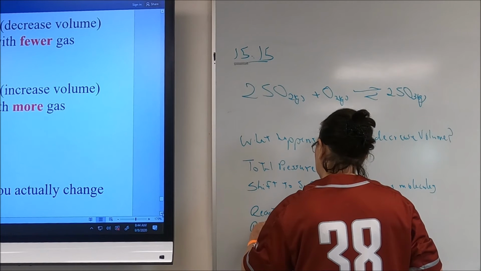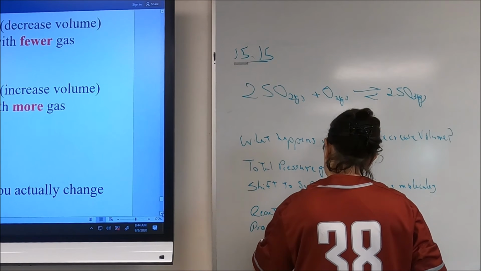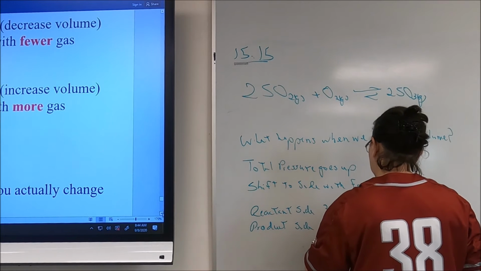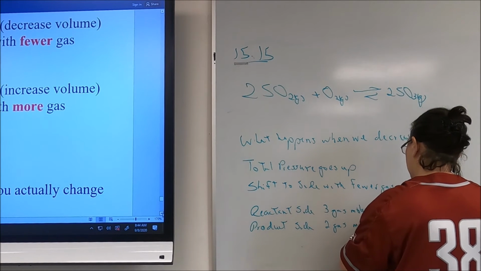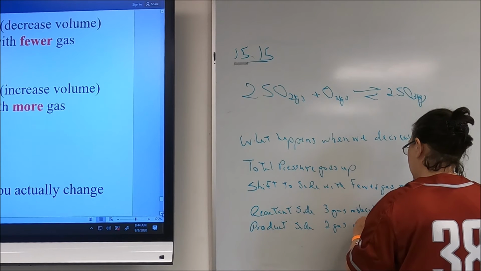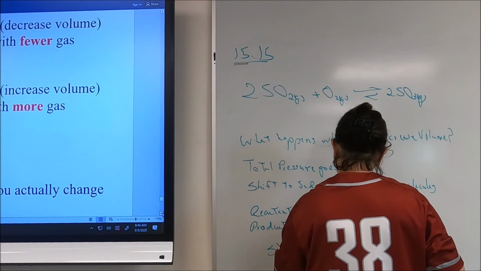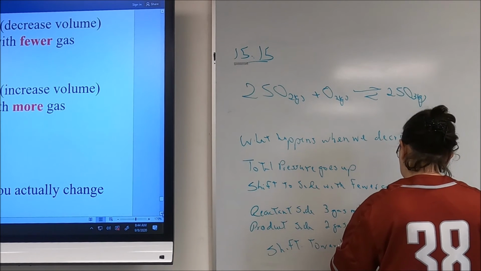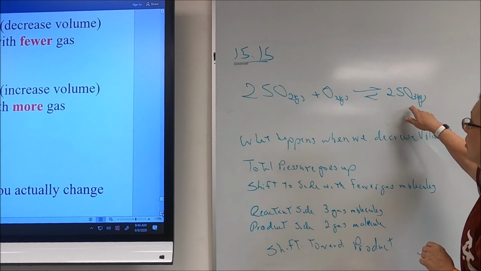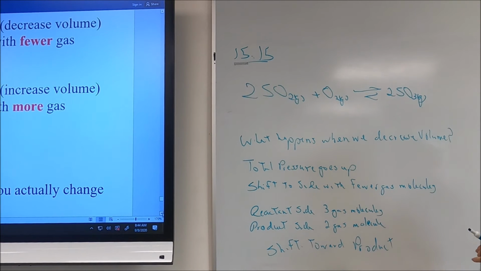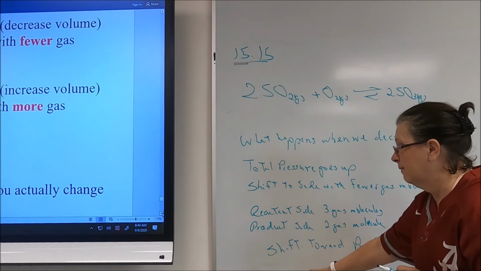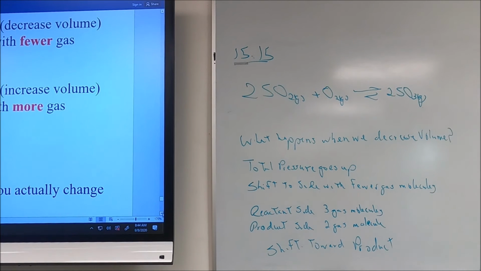The product side has 2 gas molecules. So we see a shift toward product. It's going to want to shift to the side with the fewer gas molecules. If we were to increase the volume, it would cause a shift back toward reactants. Okay?